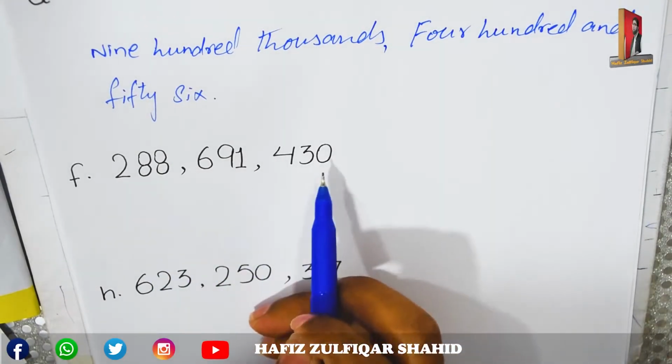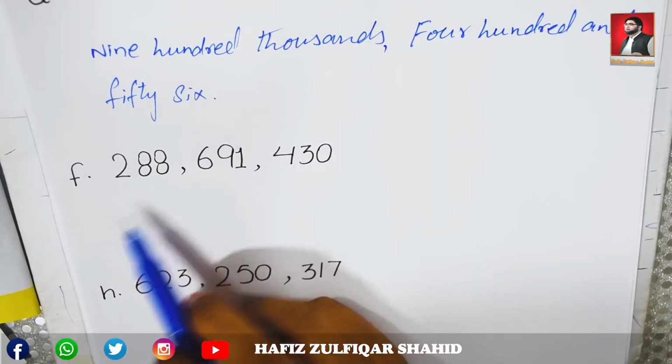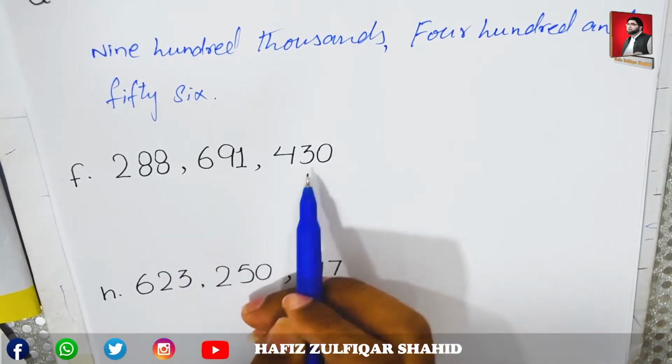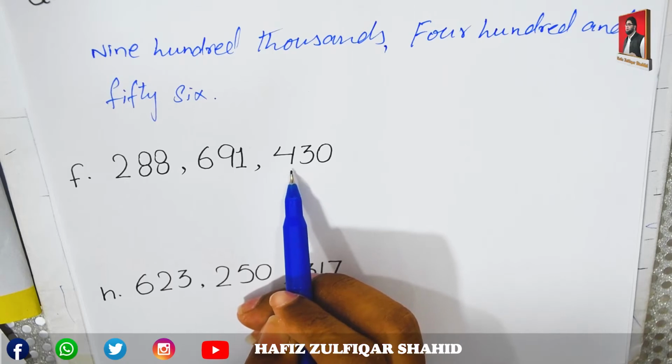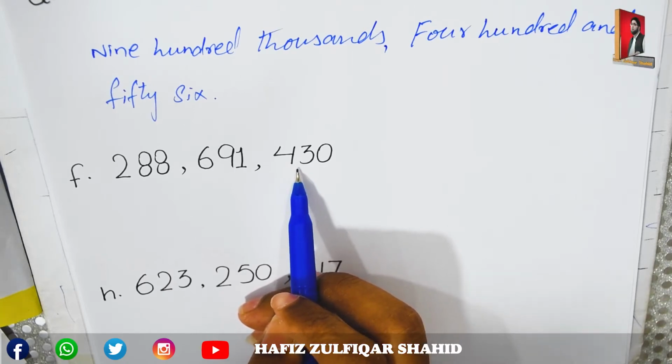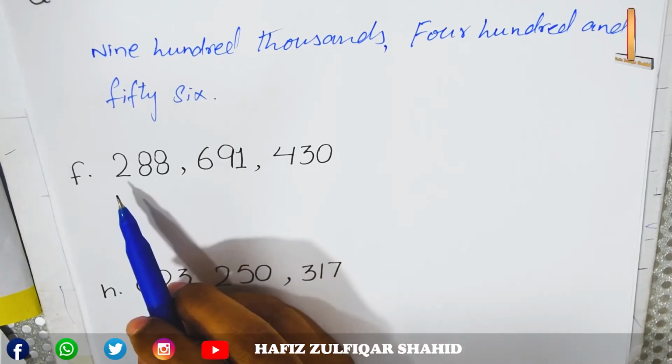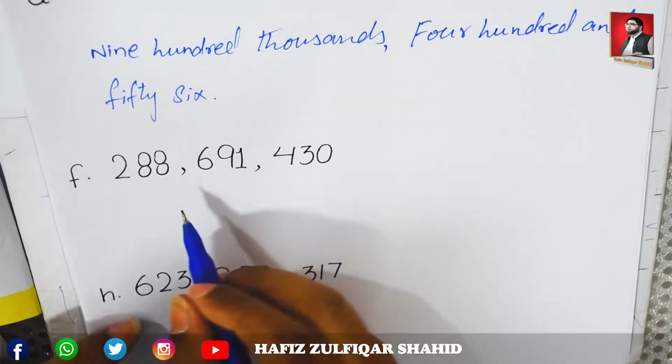Now see, we have 9 digits and we know that the first 3 are regarding the units, the second 3 are thousands, and the third 3 are in millions.